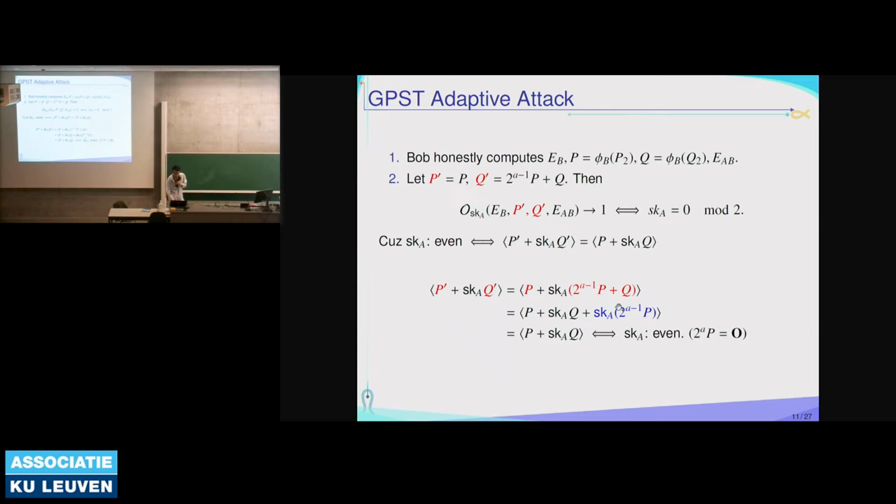So this term will go to 0 if and only if SK is even. So that's why Alice will return 1 if and only if her secret key is even.